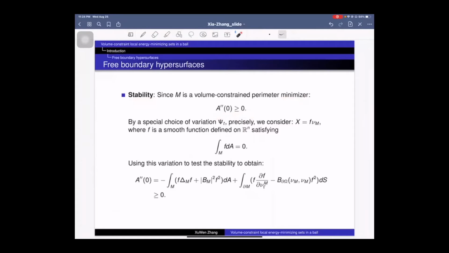And by a special choice of the variation psi t, precisely, if we consider X, the initial velocity, to be f times nu_M, where nu_M is the outer unit normal, and f is any smooth function defined on the whole Euclidean space R^n, which satisfies that the integral of f over M vanishes. So we consider, for example, this is f times nu_M.